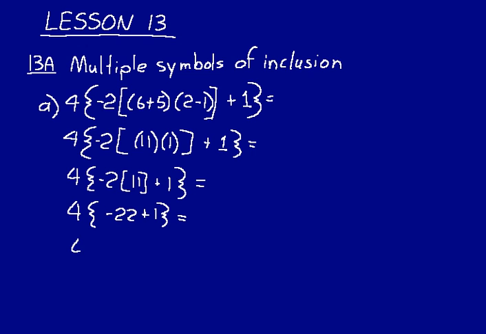And now we can work on what's inside the braces. That would just give us a negative 21. And now we can finish. We just have a multiplication left. 4 times a negative 21 would be a negative 84. And so we've worked that problem vertically. We've kept up with all of our brackets and braces and parentheses, and that helps us to stay organized.